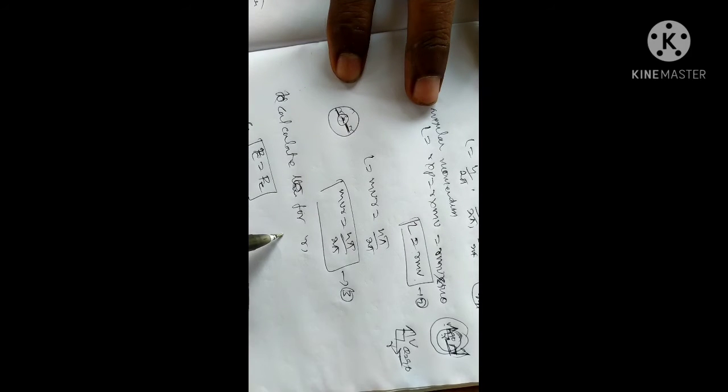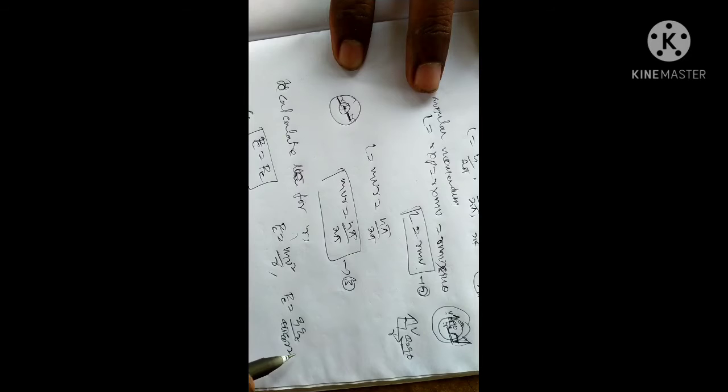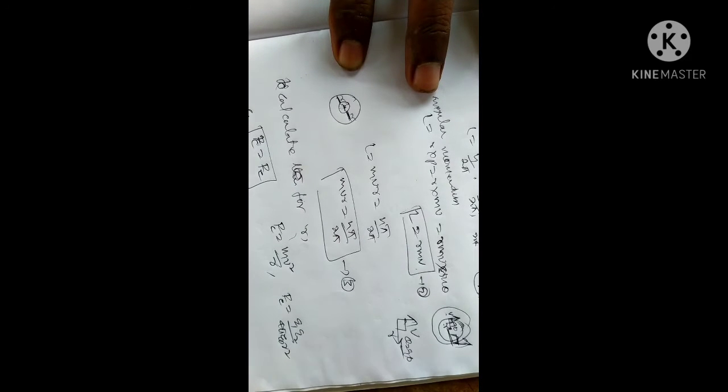What is Fc? The centripetal force is Fc equal to mv square by r. The electrostatic Coulomb force is Fe equal to q1 q2 by 4 pi epsilon naught r square, according to the Rutherford model.